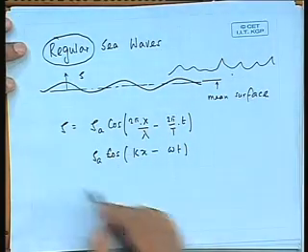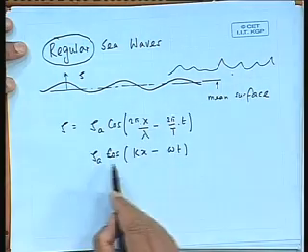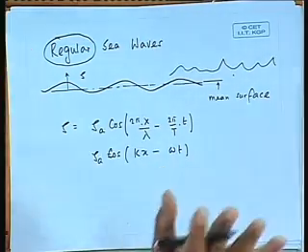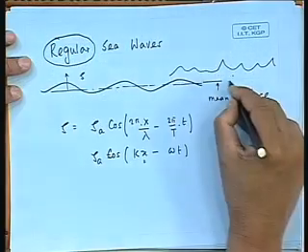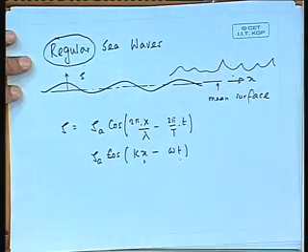See, if you take a function xi as xi a cos of (kx minus omega t), this is just a sinusoidal function. x represents the x axis, this is my x, and t of course is time.